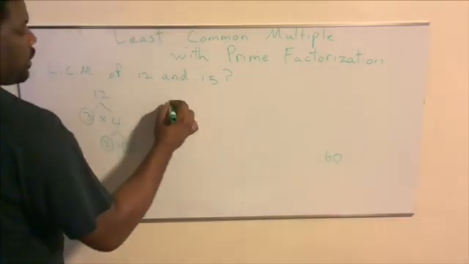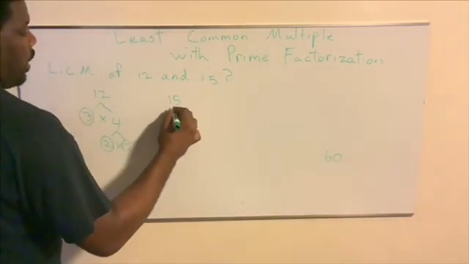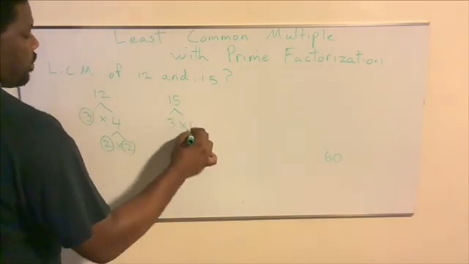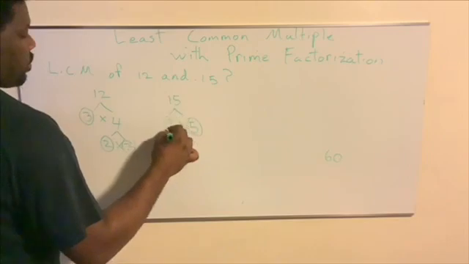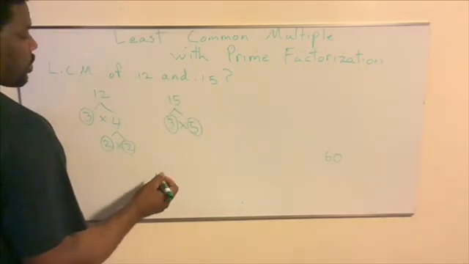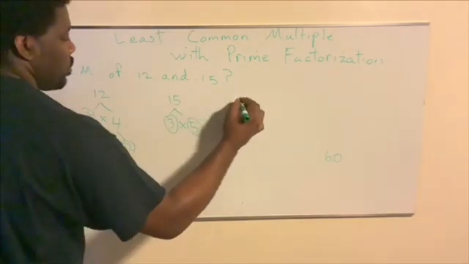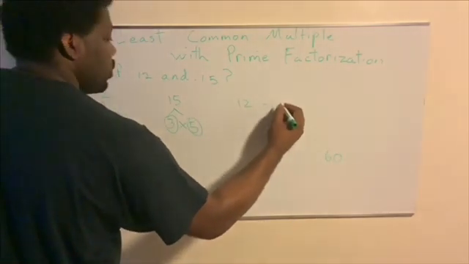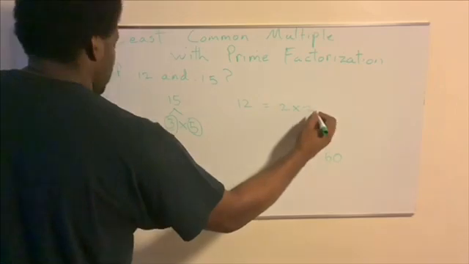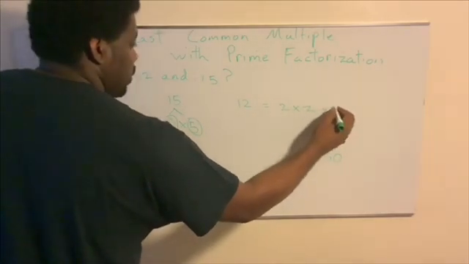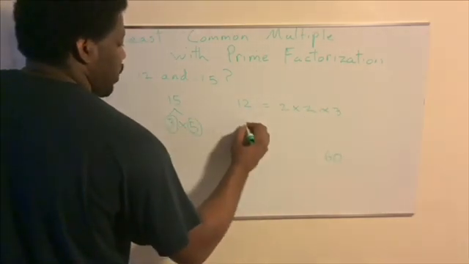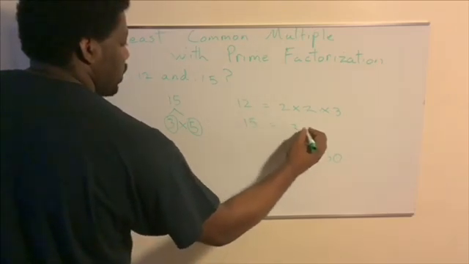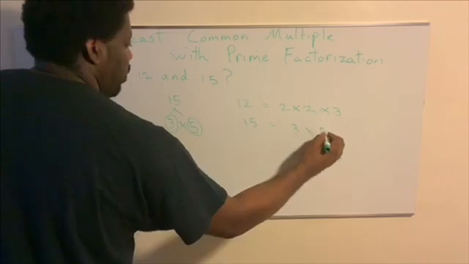And we have 15, which is 3 times 5. So 12 is equal to 2 times 2 times 3, and 15 is equal to 3 times 5.